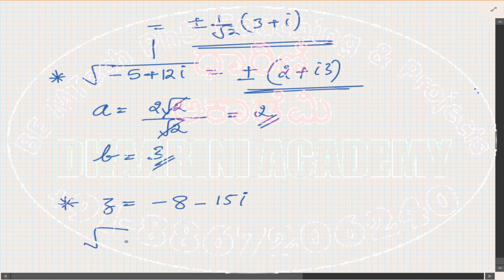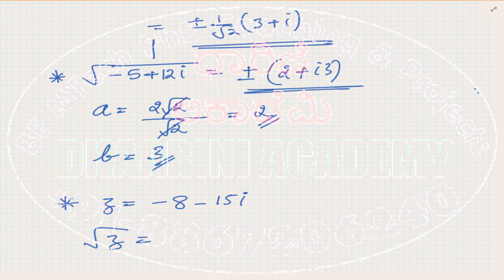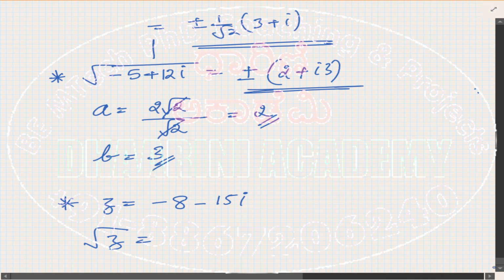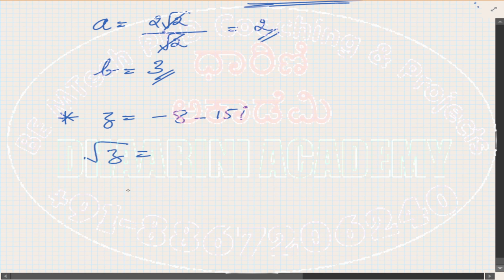Find root z. So calculate a. A is equal to square root of the magnitude of z, that is 17, plus the real part, that is 8, divided by 2.